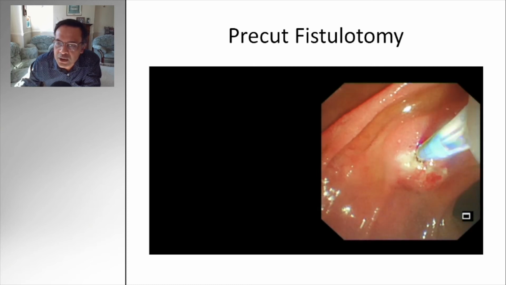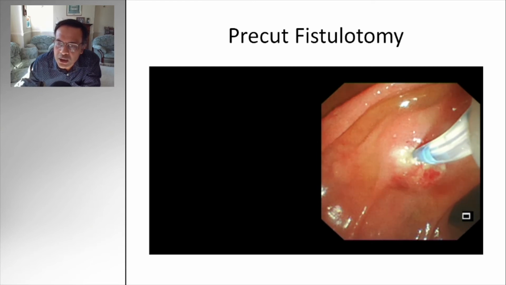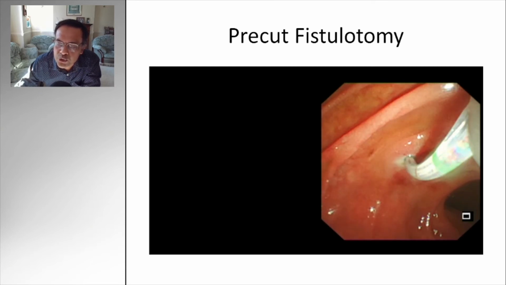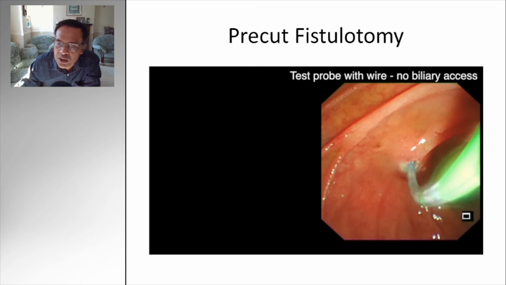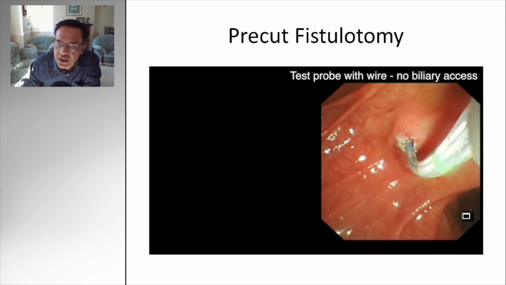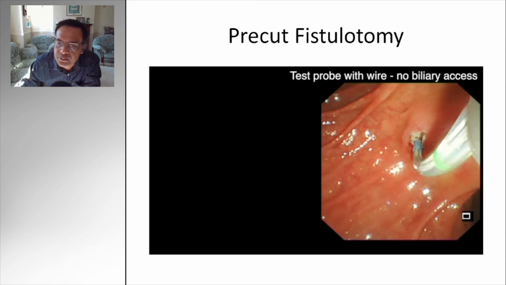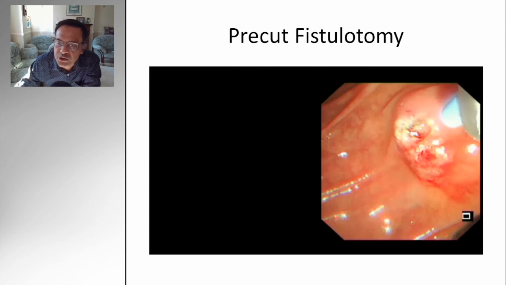After the initial few strokes, I am attempting to probe with a wire, but unfortunately the bile duct is not accessed. So we need to cut a bit more.